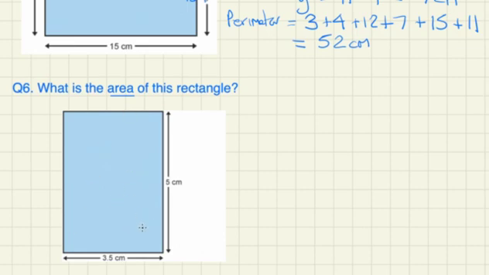Okay. And if you remember, area is one side multiplied by the other. Okay, so the area of this rectangle equals 5 times 3.5.